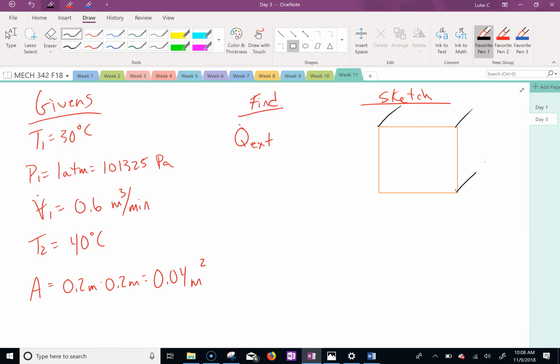And you see those little indents? Those are the components. So don't worry too much about that. Basically, here is our boundary. This is the air inside here.